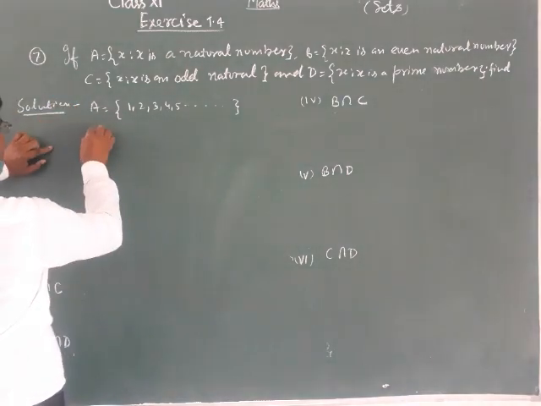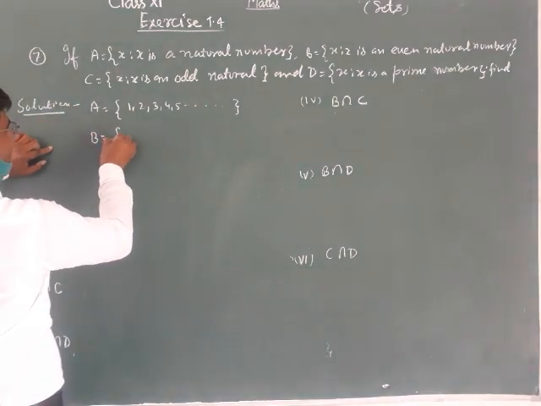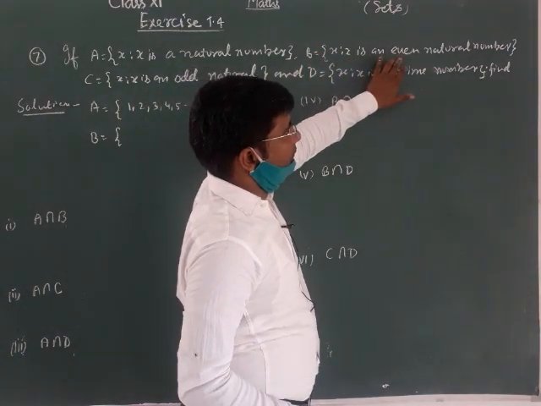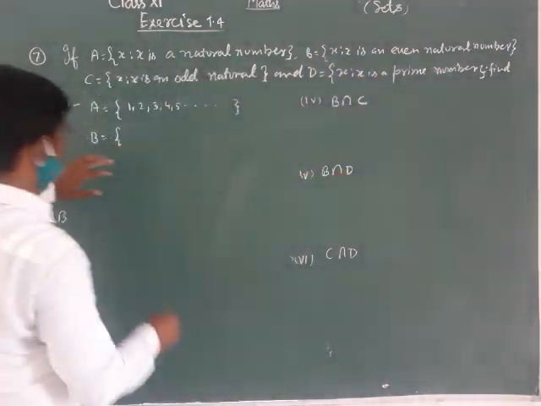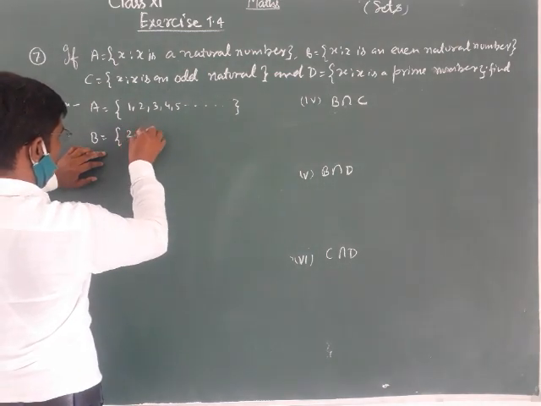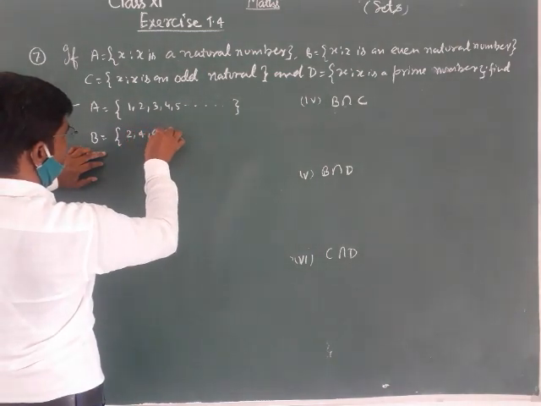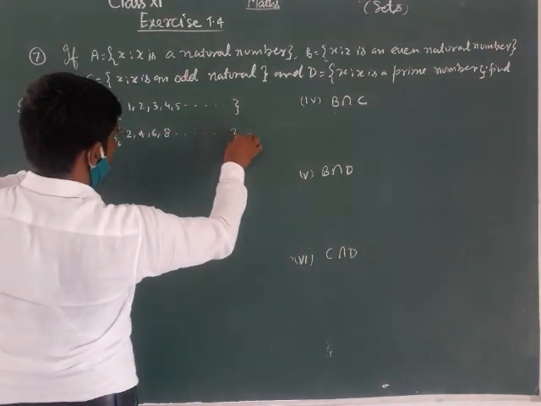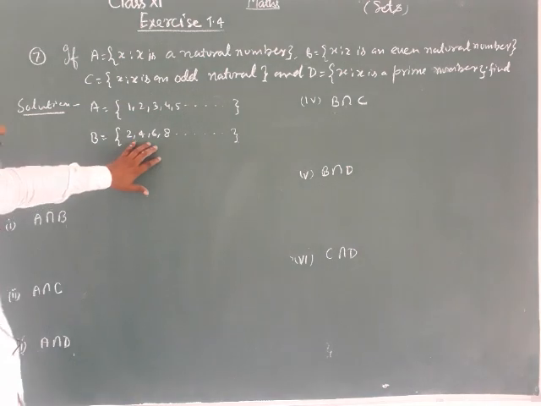And in the same way, set B is x such that x is an even natural number. So even natural numbers starting 2, 4, 6, 8 and so on, divisible by 2.